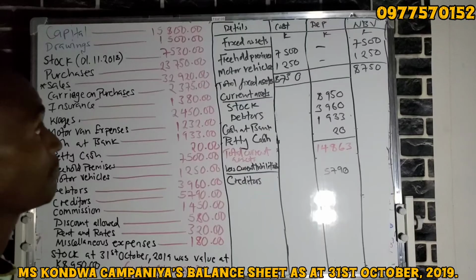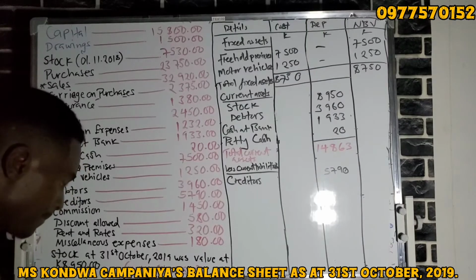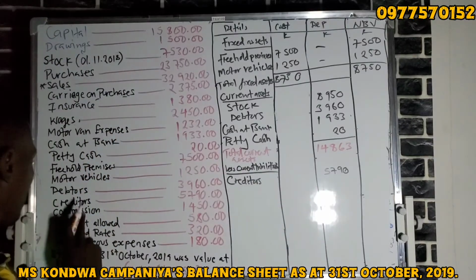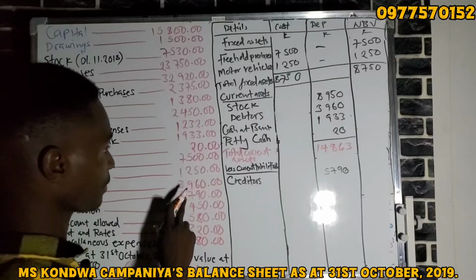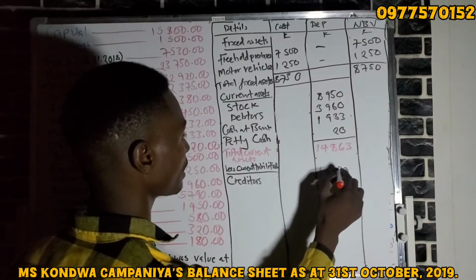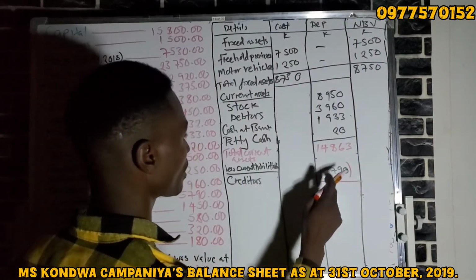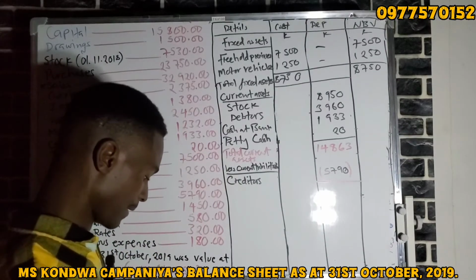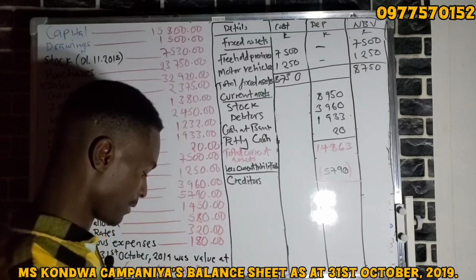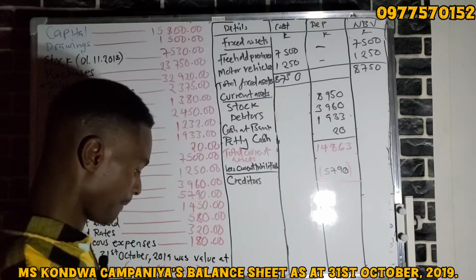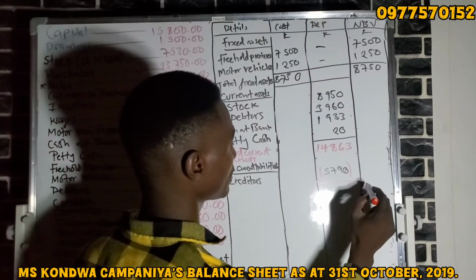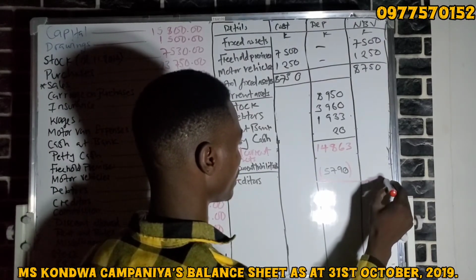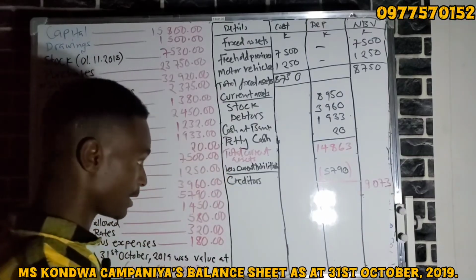Let's see. This has to balance. So creditors is 5,790. Let me double check. 5,790. We subtract them from total current assets, and we're going to have 9,073.